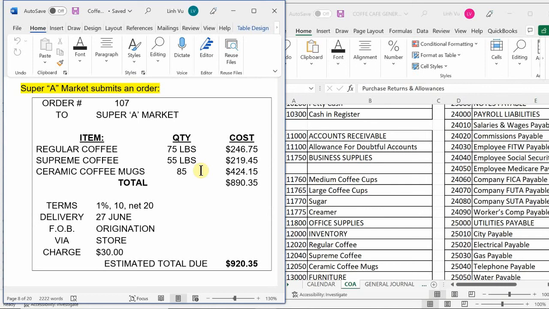So again, let's do it again. If a customer paid me in advance for services I haven't done yet, what does the obligation mean? What am I obligated to do? You would record the advance payment on the account of the Super A Market, and that would be going into your ledger to which account?